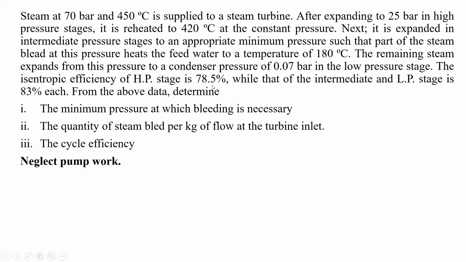The isentropic efficiency of the high pressure stage is 78.5%, while that of the intermediate and low pressure stages is 83% each. For the above data, determine the minimum pressure at which bleeding is necessary, the quantity of steam bled per kg of flow at turbine inlet, and also the cycle efficiency.